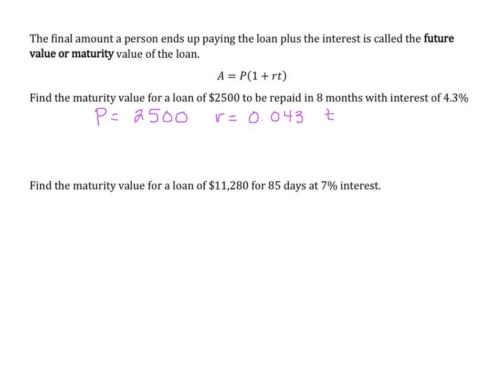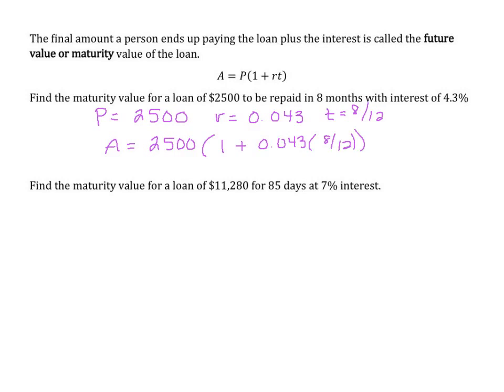And the time is 8 months, not quite a year, so 8 over 12. So we can plug that into our formula. So the amount that we're actually going to pay, the future value, is how much we put in times 1 plus the rate times how long it's in there for.